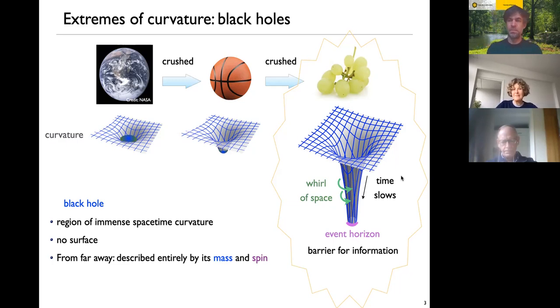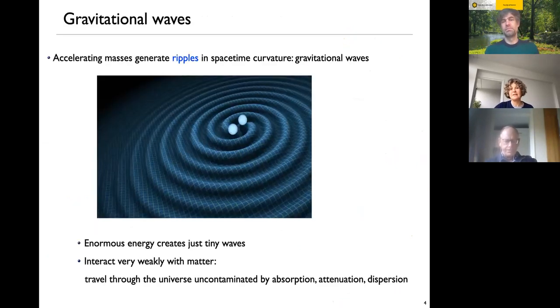So clearly many interesting features of space-time curvature, but what I've described so far were completely stationary situations. But now it is not a far stretch of the imagination to think about what happens when masses are actually accelerating. Then we would expect that they should create some dynamical distortions in the space-time. And this is exactly the case.